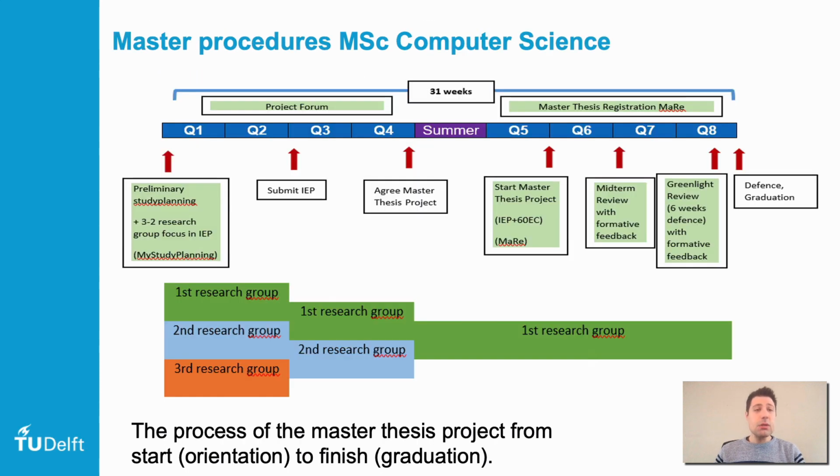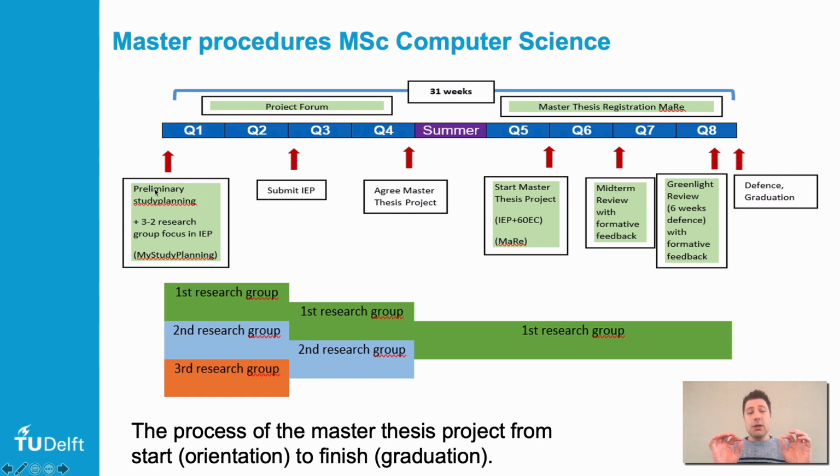Then another way to show this, and now maybe a little bit more focused on the thesis, which is to me one of the most exciting parts of the program. So how does this work in general? So we have the quarters here, and when you start in Q1, we ask you to do a study planning, as we call.